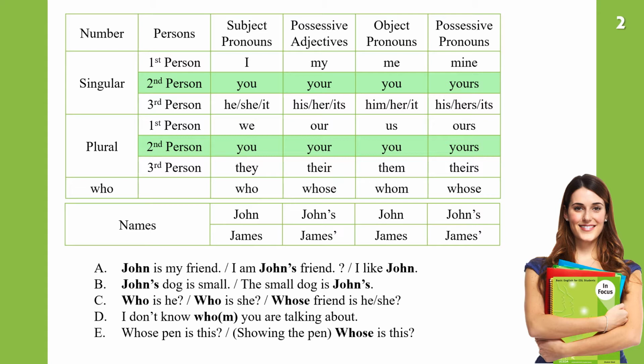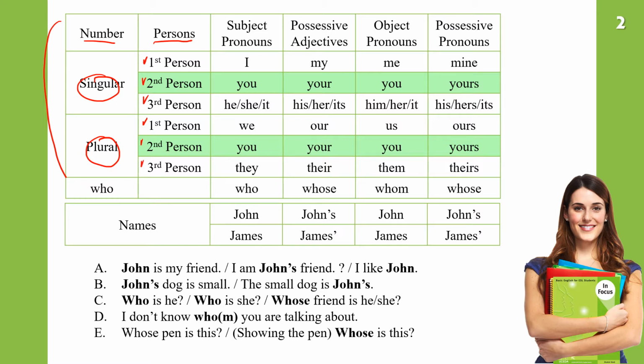Here, this is the chart of pronouns. You see the number, singular and plural. And you see the persons: first person, second person, and third person. In plural, you also have first person, second person, and third person.